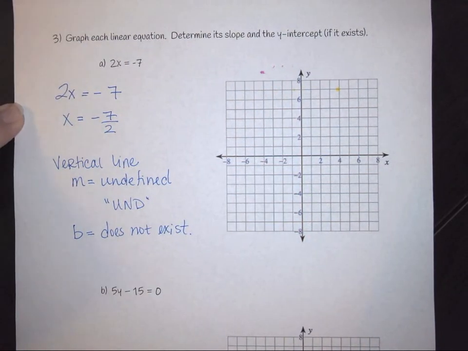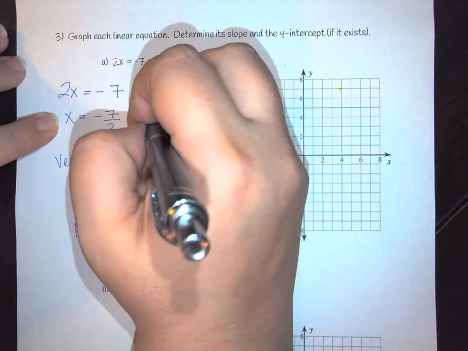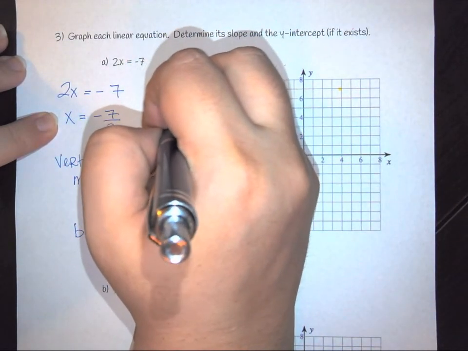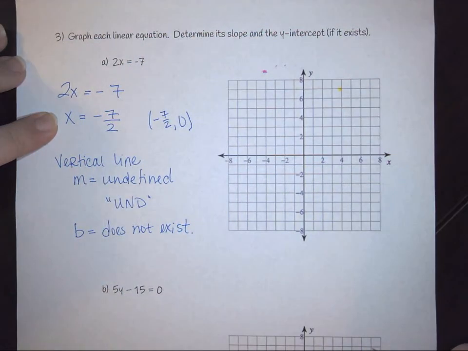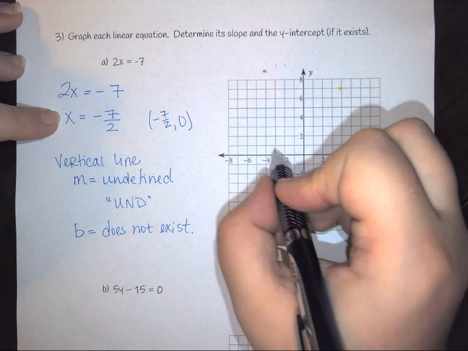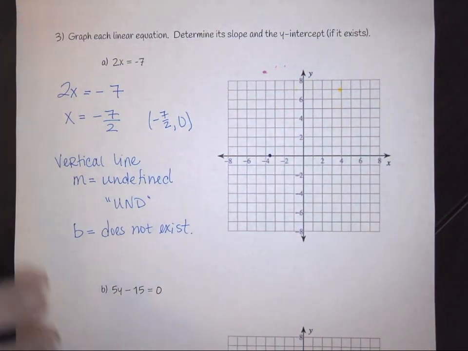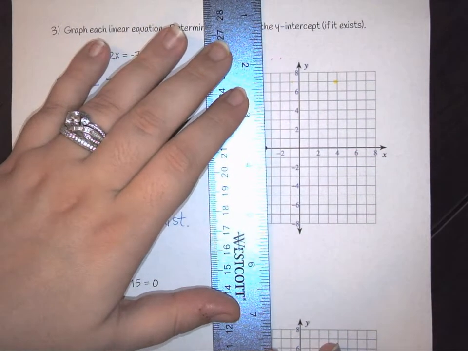So how do we graph this? Well, we have to graph the point -7/2, 0. So 7/2 is essentially the same as 3.5. So we're going to go 1, 2, 3.5. So that is this point here. And then it is a vertical line.